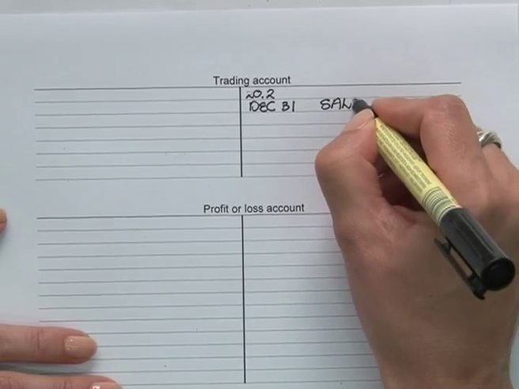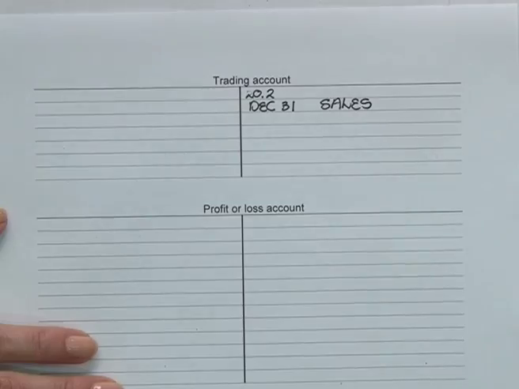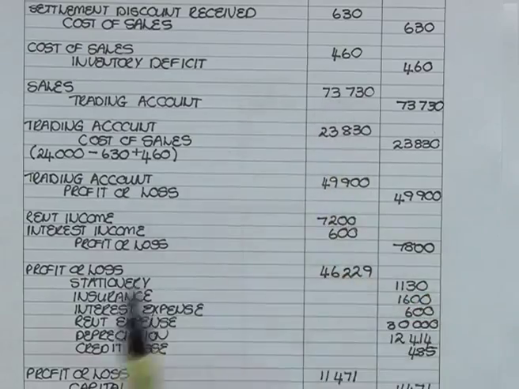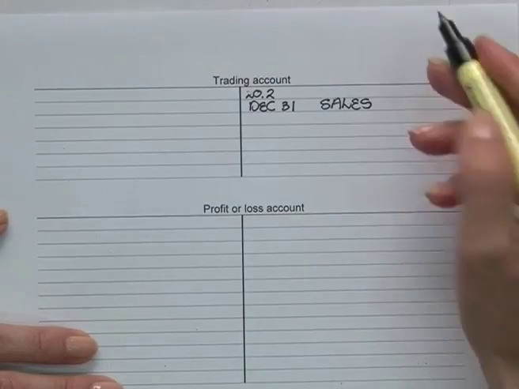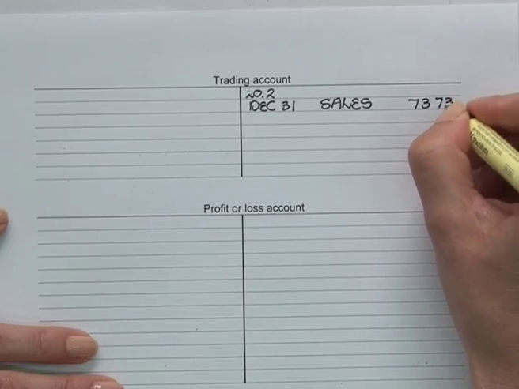And that was the net sales after deducting the settlement discount granted. And that amount from your journal, sales to the trading account, was the 73,730.